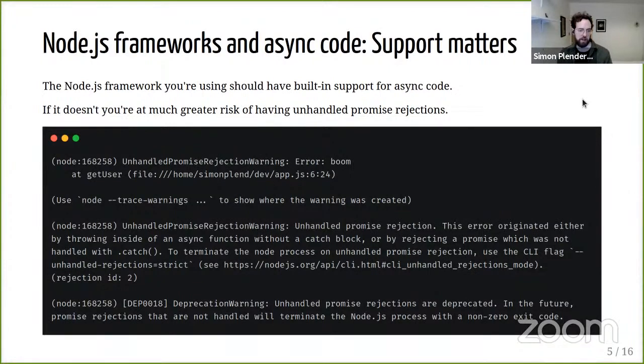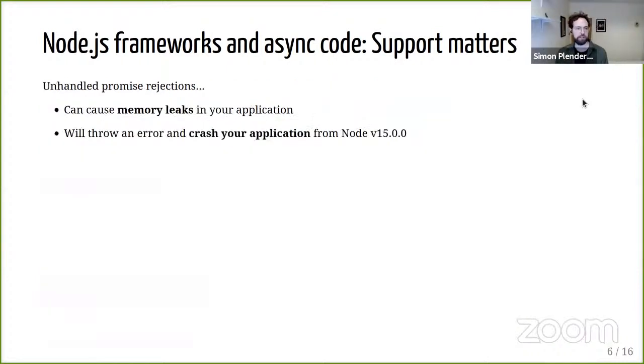Now, the error message here doesn't seem so severe, but what it can actually cause is memory leaks in your application because these promises that have been rejected aren't being handled, and you have a long-running node process. Your application's in this kind of unknown state, and it effectively can end up becoming unstable, eventually crashing.